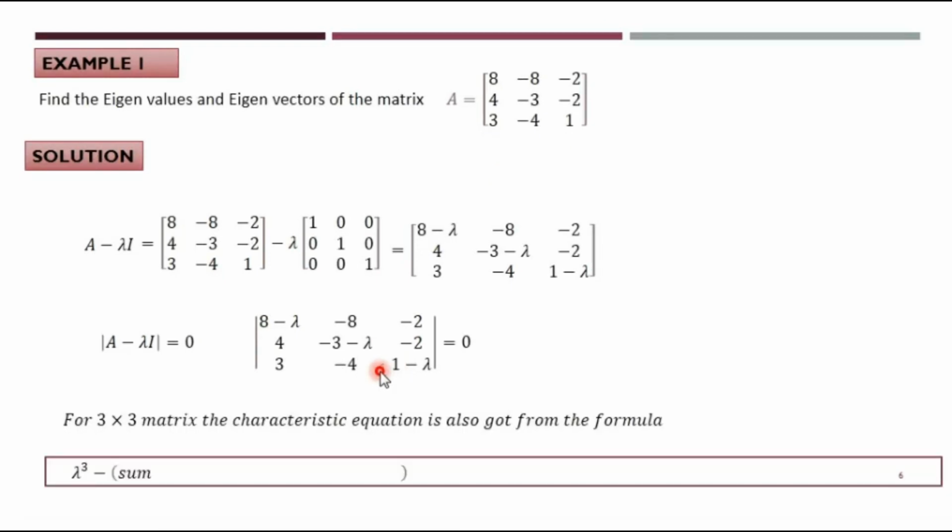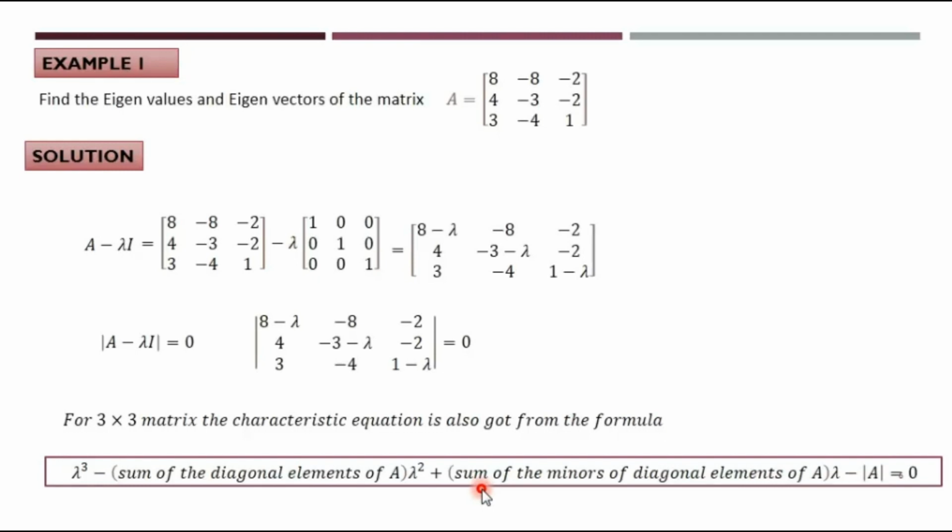Lambda cube minus sum of the diagonal elements of A into lambda square plus sum of the minors of the diagonal elements of A into lambda minus determinant of A equal to 0.